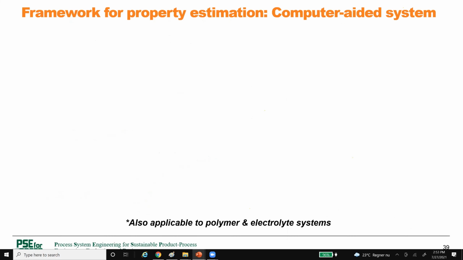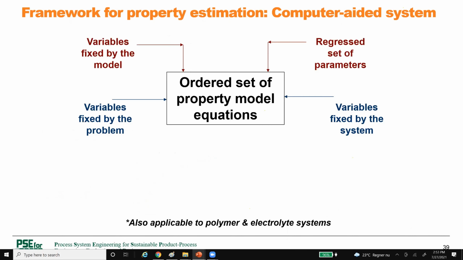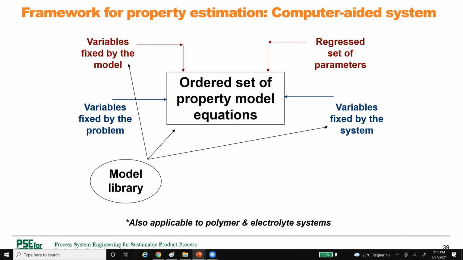So other issues, as we said, that if we want to calculate any phase equilibrium, we need to specify variables fixed by the model, parameters regressed for the model, variables fixed by the problem, variables fixed by the system. Once we have all of these, we can get some of these parameters from the model library and from the database.